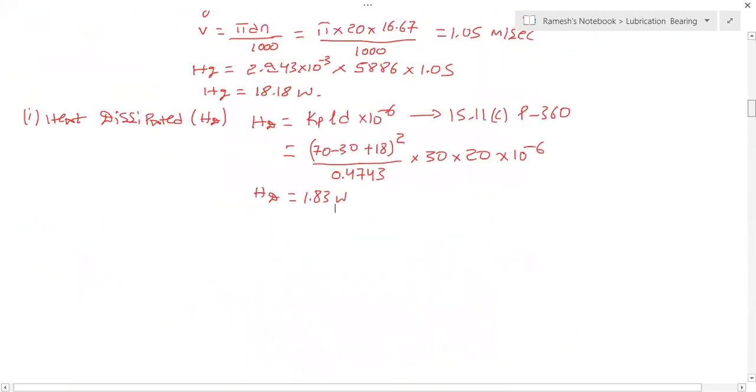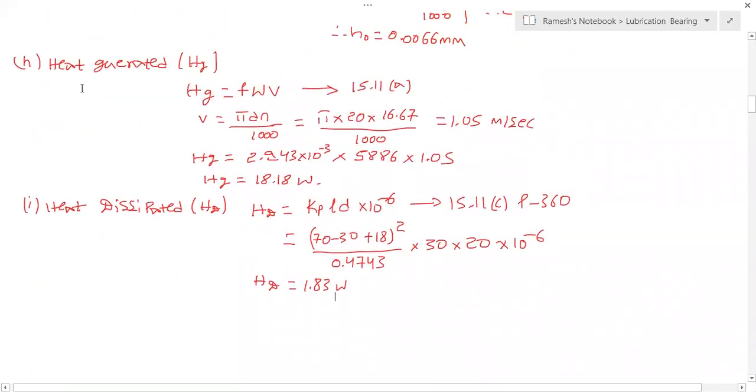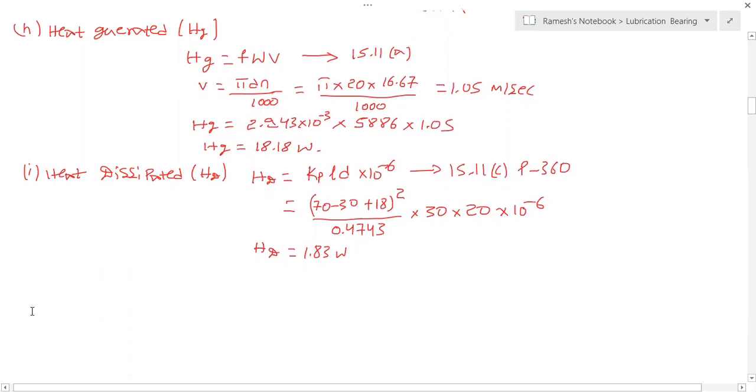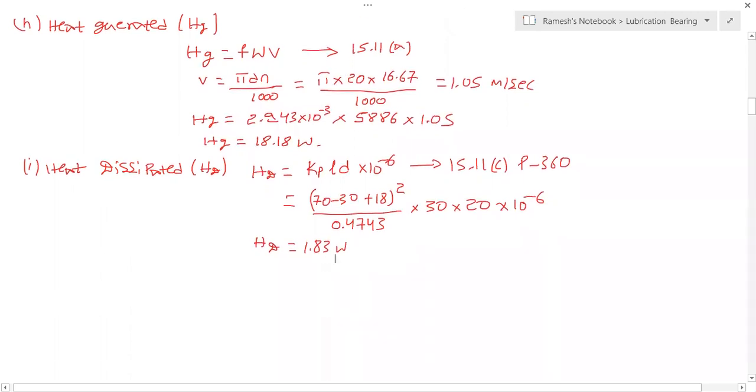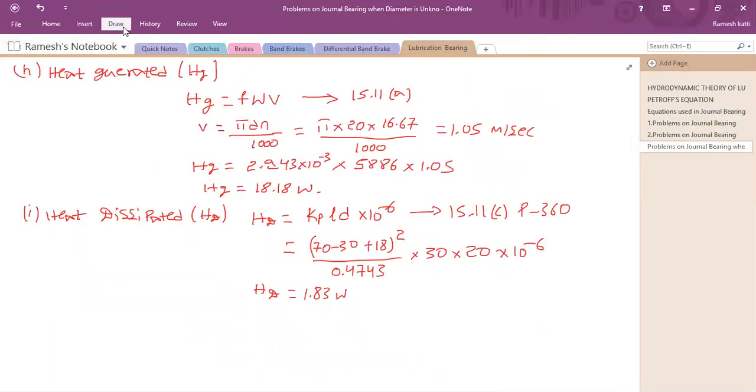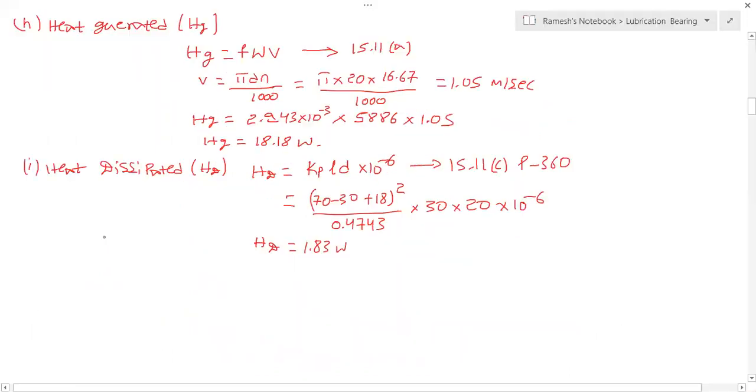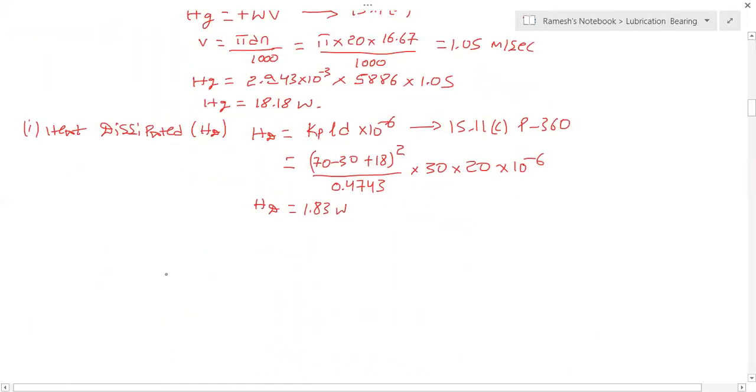To find out the thermal equilibrium means how much heat is generated, it has to be dissipated. If heat generated is equal to heat dissipated, artificial cooling is not required. We need to check whether artificial cooling is required or not.